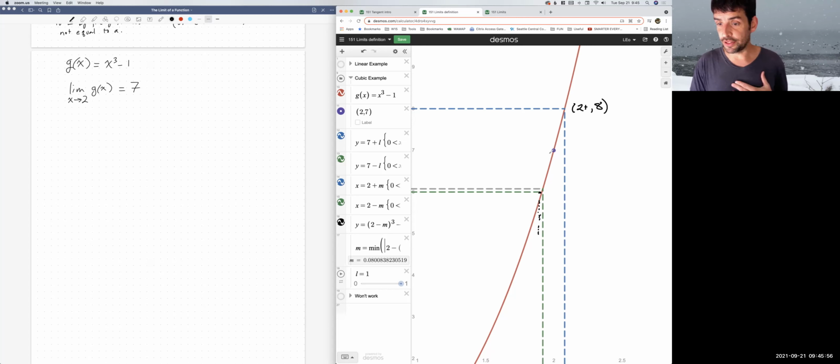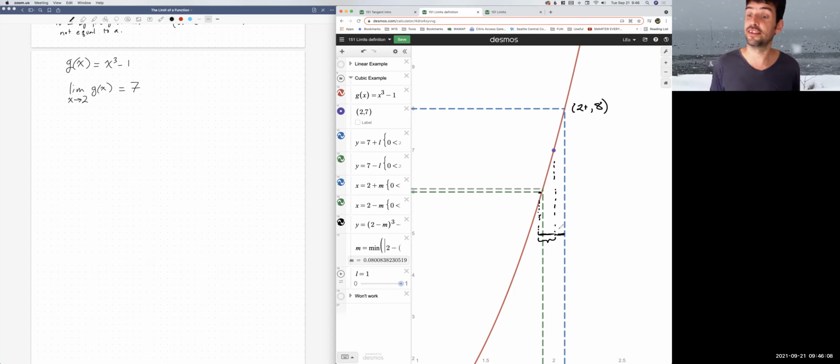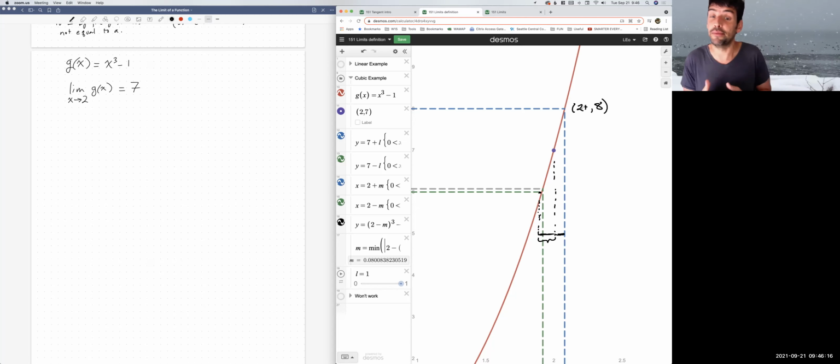It turns out that the space between x equals 2 and this x value is bigger than the space on this side. And so I pulled them in to make them symmetric. That's usually how we think about these things. So it still satisfies the definition. I'm even closer than I need to be on this side because I'm making it match each side.